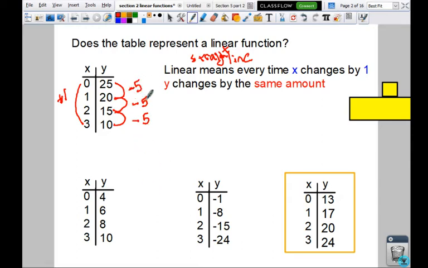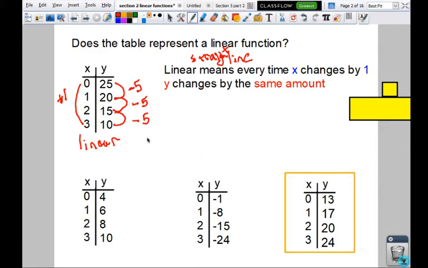Because it's minus 5, minus 5, minus 5, the same each time, that means this is linear. It's linear because every time x changes by 1, y changes by minus 5. When we go through this, if they don't all change by the same amount, it would not be linear. So we've got to keep that in mind.